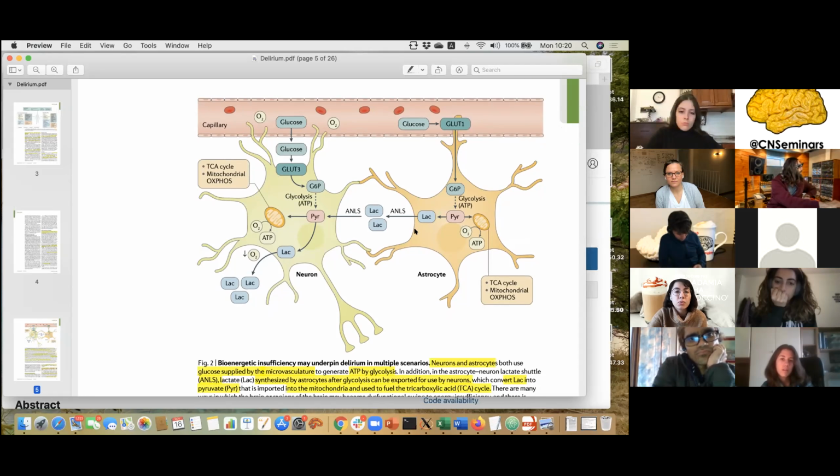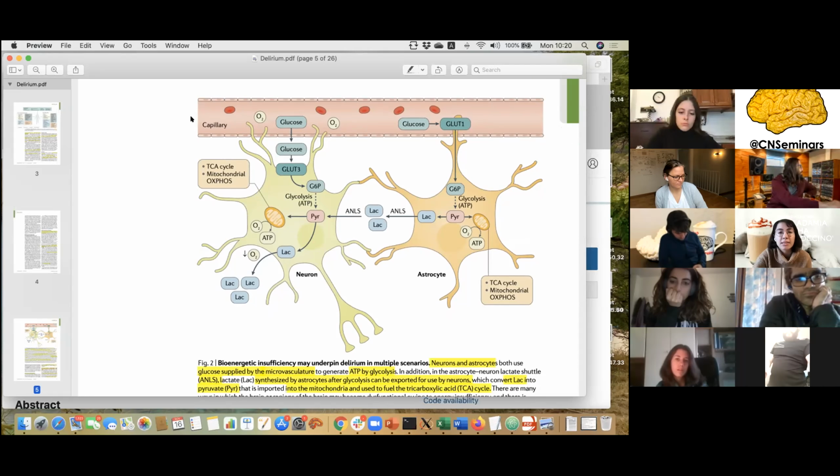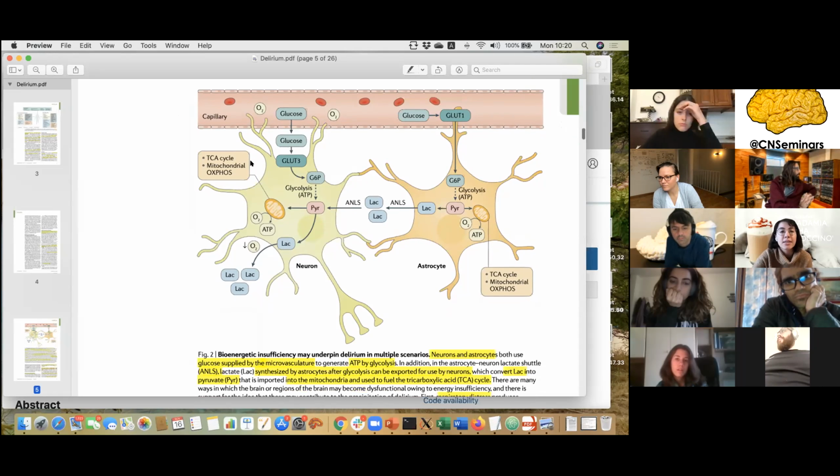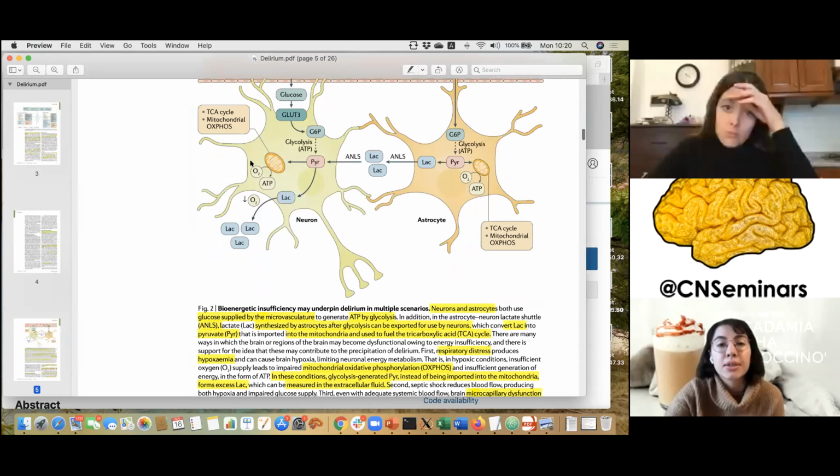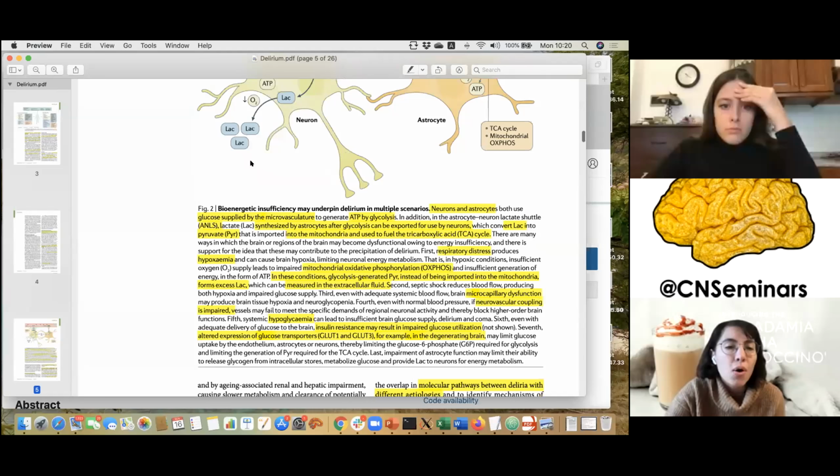The nutrients to the neurons and astrocytes are brought through the blood-brain barrier: oxygen, glucose. So if you have a comorbidity of neurodegeneration and a neurometabolic imbalance, that could trigger delirium.